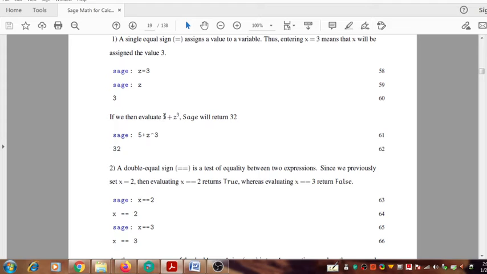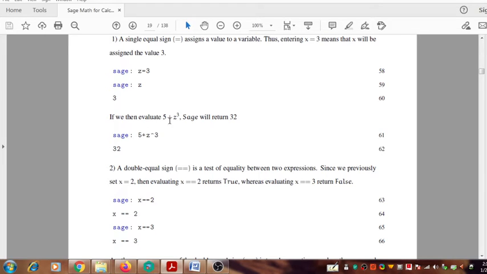It should be written in a specified way. First you type 5, and then a plus, and then z, and after that z cap 3. That means z raised to the power 3. This is the way you can type it in SageMath.